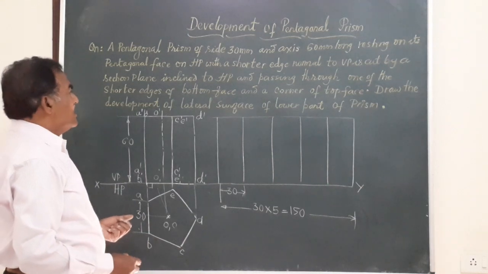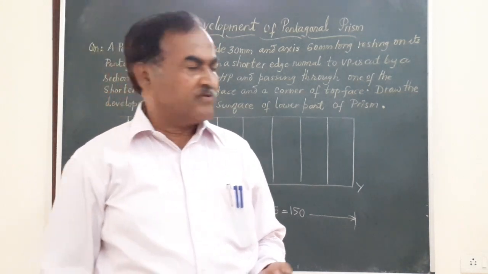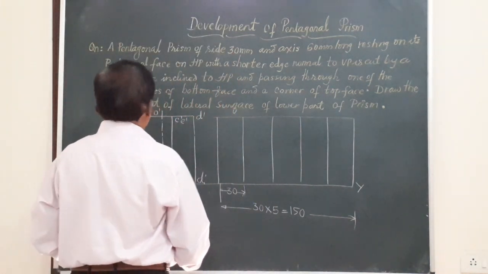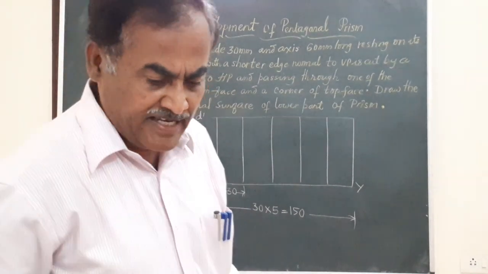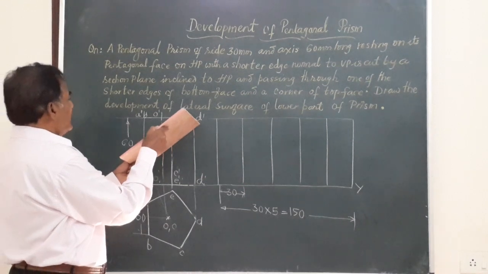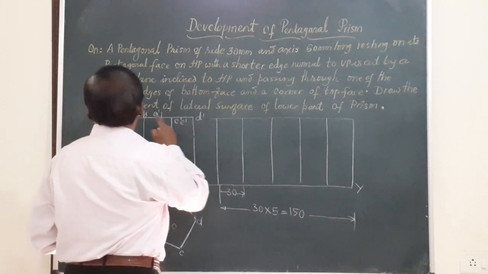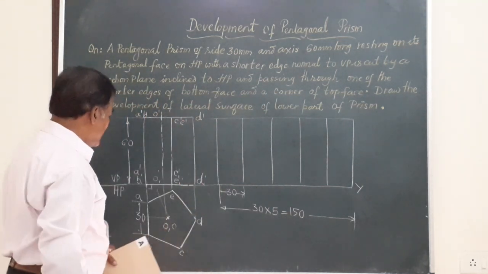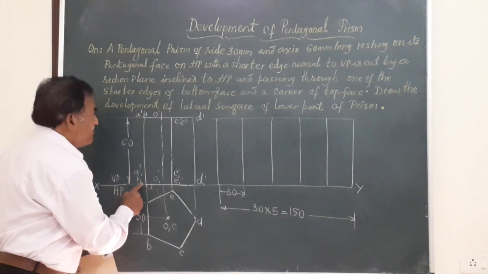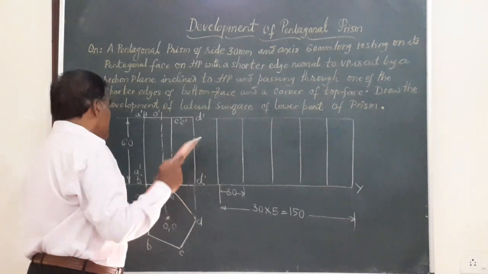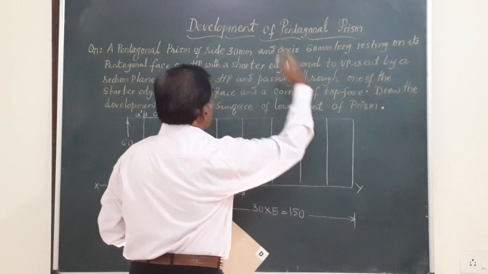Now, let me not mark A, B, C, D anywhere here till I mark the section plane. Friends, it is cut by a section plane inclined to HP. So the section plane is going to be inclined to HP. It would be anywhere like this. But the other condition is that it has to pass through one of the shorter edges of the bottom face. So here if you take this as the shorter edge, that is A1 dash, B1 dash, and after getting inclined at the given inclination, it has to pass through a corner of the top face.